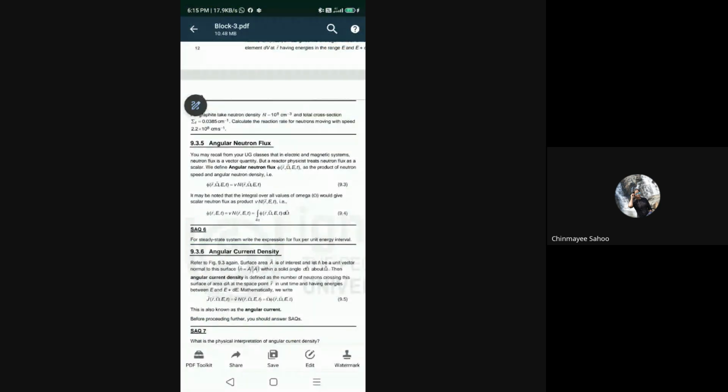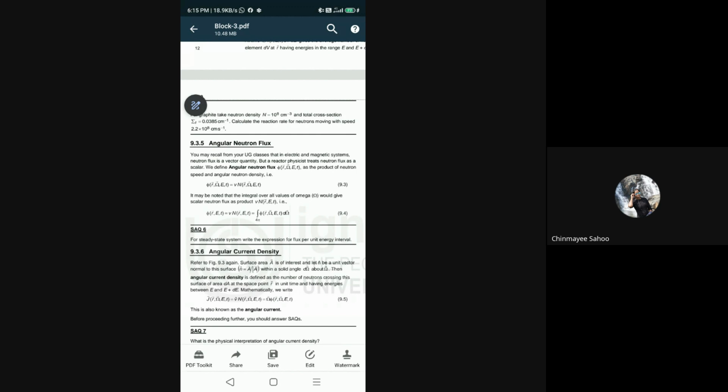So when we define the angular neutron flux phi, which is a function of r, omega, E, and t, it can be represented as a product of velocity or speed and angular neutron density n.